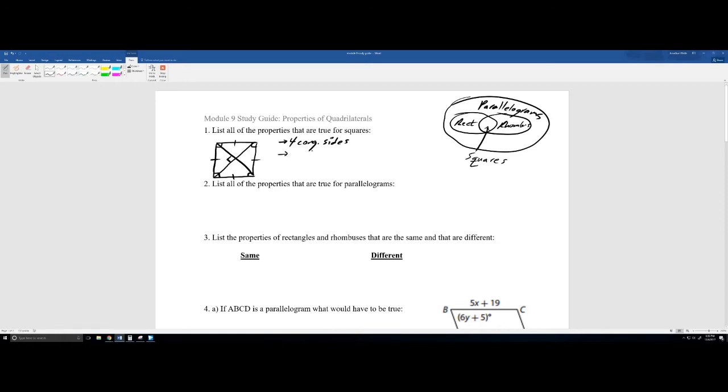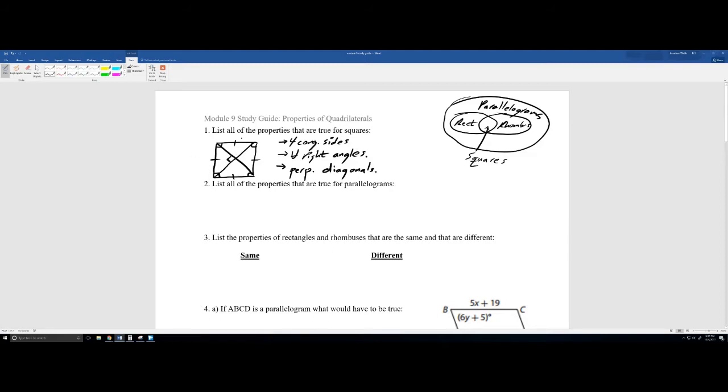We have all right angles. We also have perpendicular diagonals.